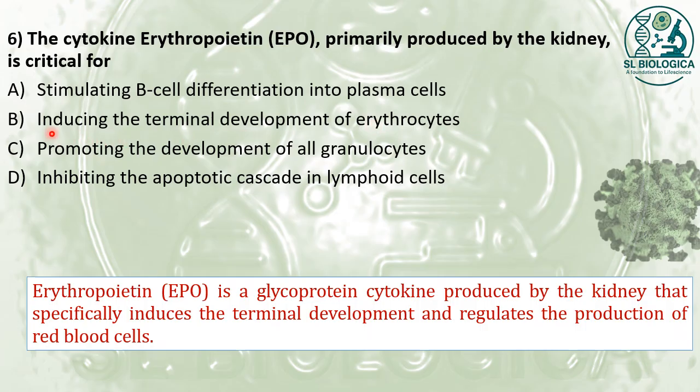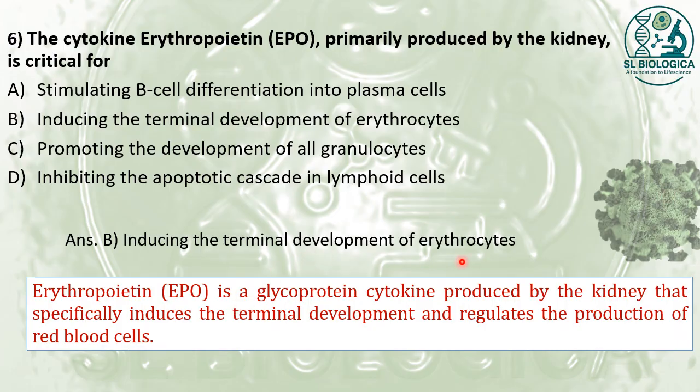However, we'll look into the other options also. Option C is promoting the development of all granulocytes. No, it is not the function. Then option D is inhibiting the apoptotic cascade in lymphoid cells. Again, it is not related to the lymphoid lineage. So the correct answer would be option B, inducing the terminal development of erythrocytes.